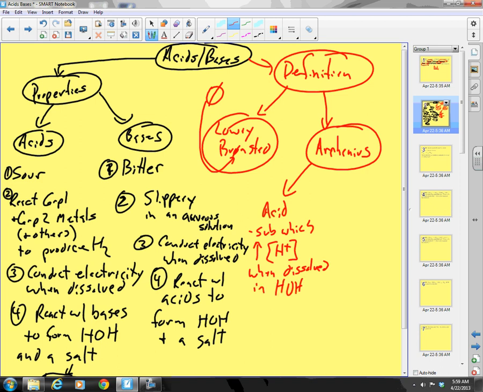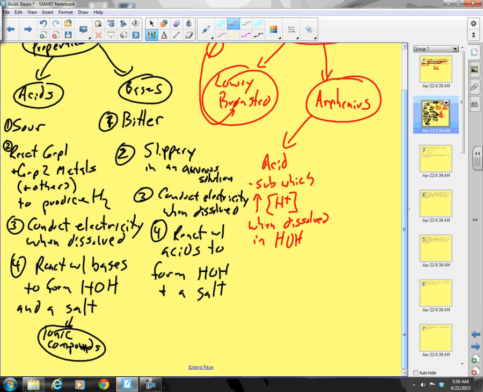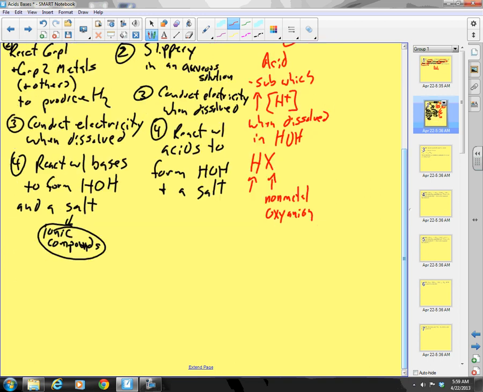And generally speaking, it takes the form of HX, where H, of course, is hydrogen, and X is a non-metal, or it can be an oxyanion. So examples for an Arrhenius acid are going to be something like HI or HNO3. Those are examples of Arrhenius acids.